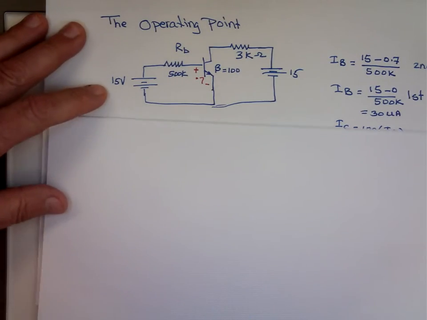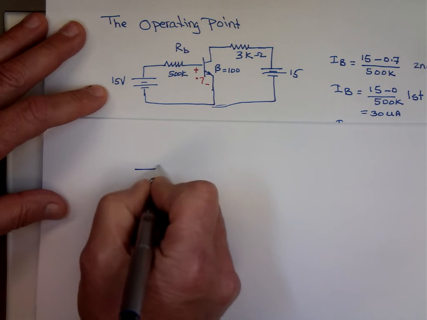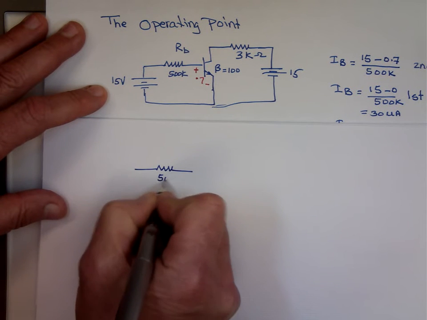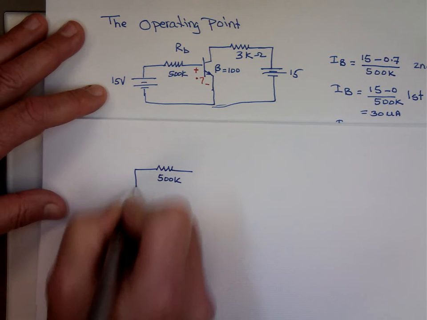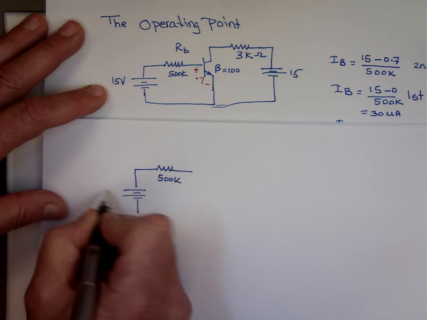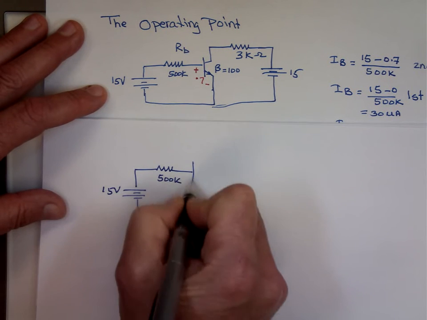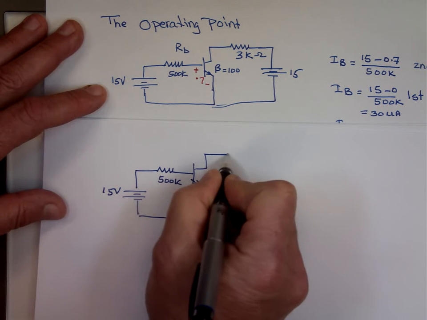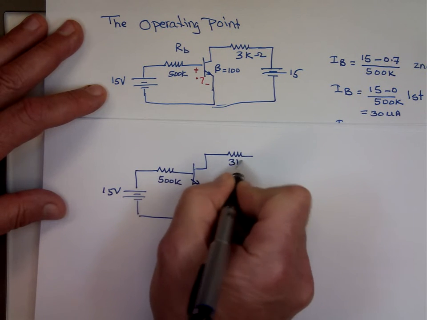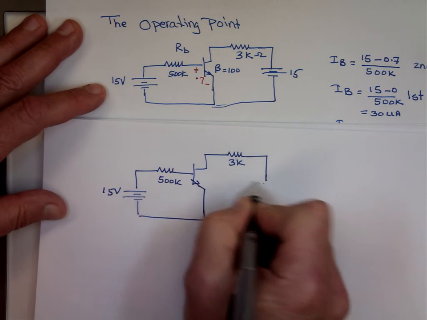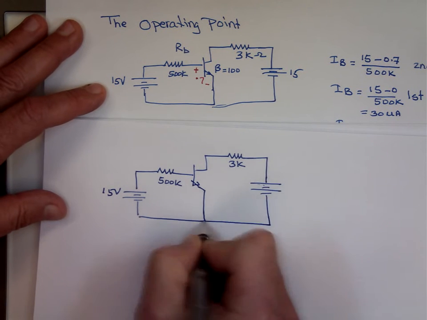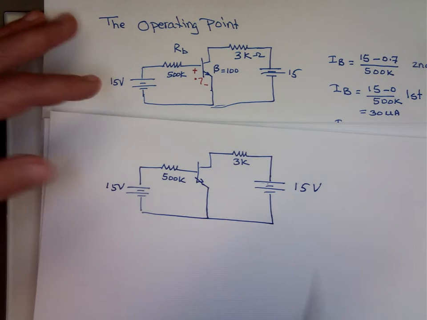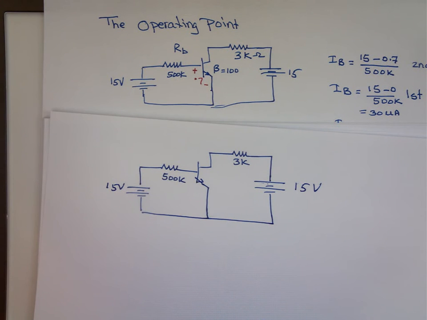Going back to the circuit here, 500K, 15 volts, 3K, 15 volts. Now, let's make a couple of assumptions here.